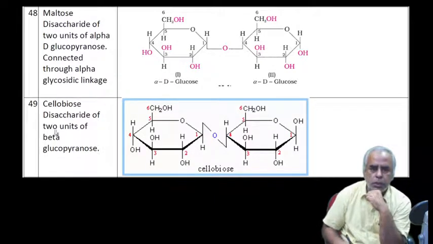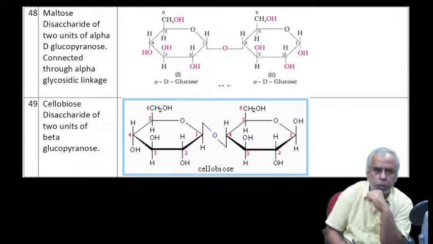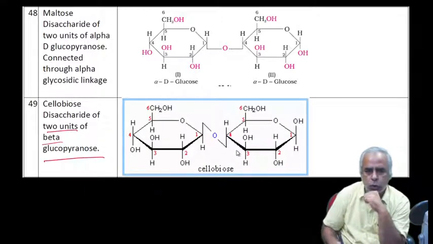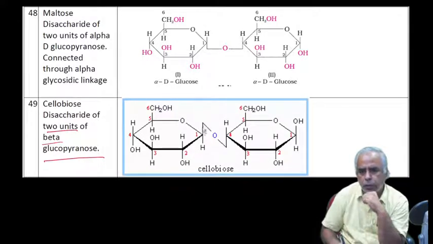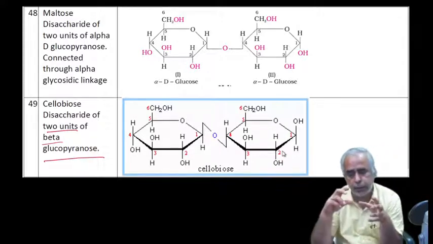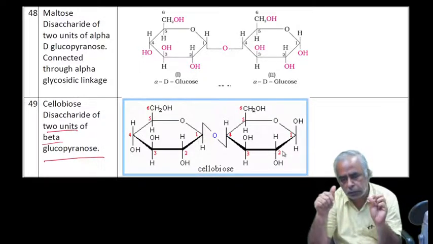Next, cellobiose. In the case of cellobiose, it is 2 units of beta glucopyranose. So beta, how do you do? You take OH here, and as usual you can put here. Now HOH, and you can find the O is almost crossing like this. And that is why this cellobiose has the tendency for twisting, is it not?